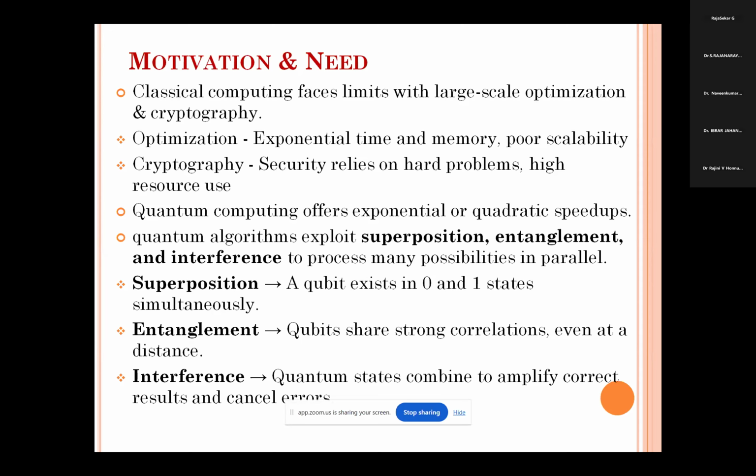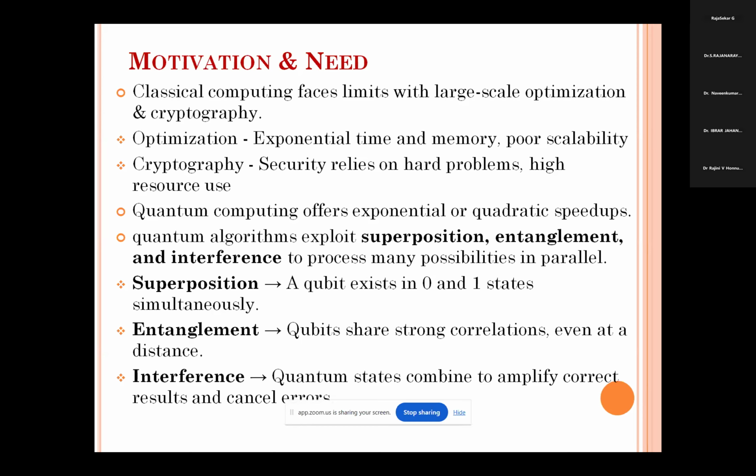A classical computer can only perform zeros or ones. But in quantum computing, the process works with the qubit. In superposition, a qubit exists in the 0 and 1 states simultaneously, not only yes or no, true or false as in classical computing.